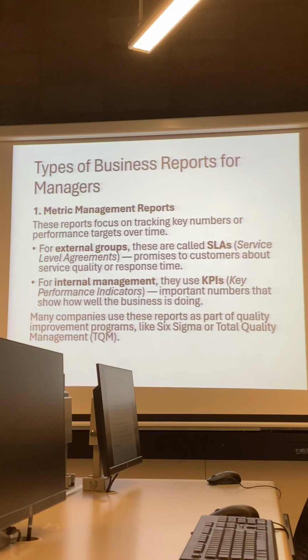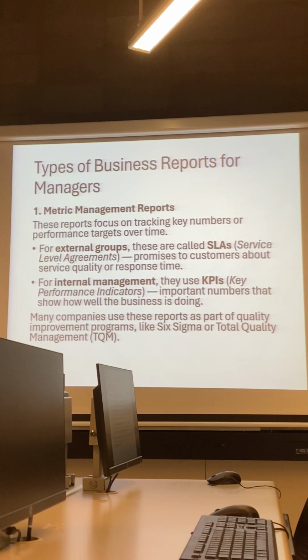There are several types of business reports for managers. The first one is the metric management report. This report focuses on tracking key numbers or performance targets over time. For example, for external groups and internal management, there are two different goals.